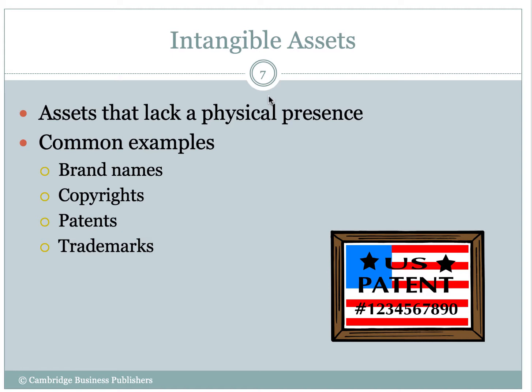That would be a copyright infringement or a patent infringement or even a trademark, depending on how they sought to get protection under the law. So just an example, these intangible assets, even though they lack physical presence, do actually help the company generate money, okay?